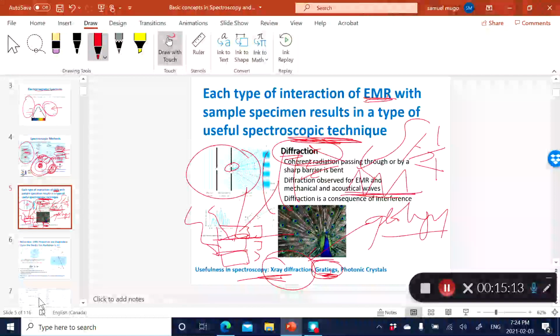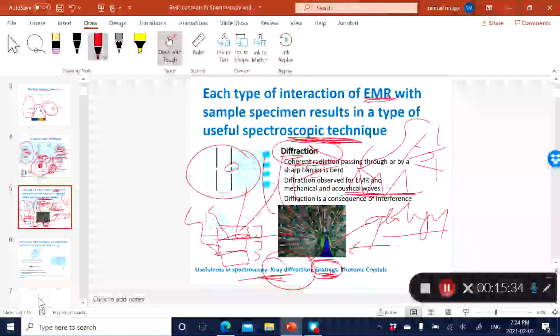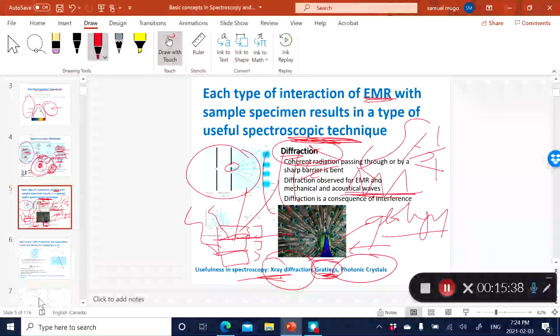diffraction technique. Now, another interesting thing, just to show you the varied application of this behavior of light, diffraction, is if you take something like a peacock, for example, and the very radiant colors that you get from a peacock, actually it's based on diffraction of light, because the peacock layers on the feathers behave like what you refer to as a photonic crystal.